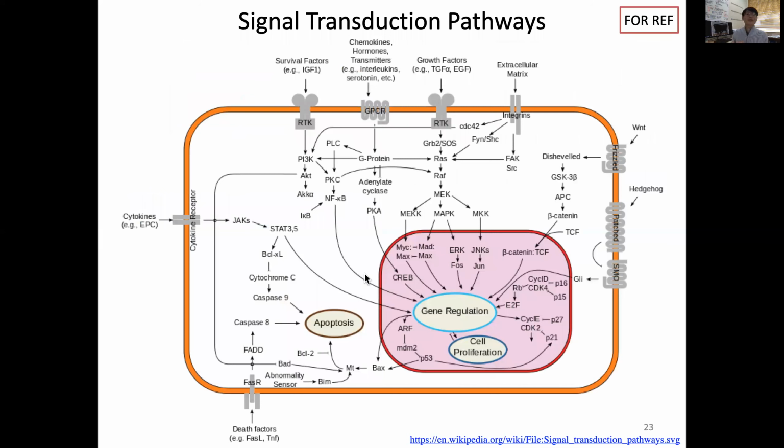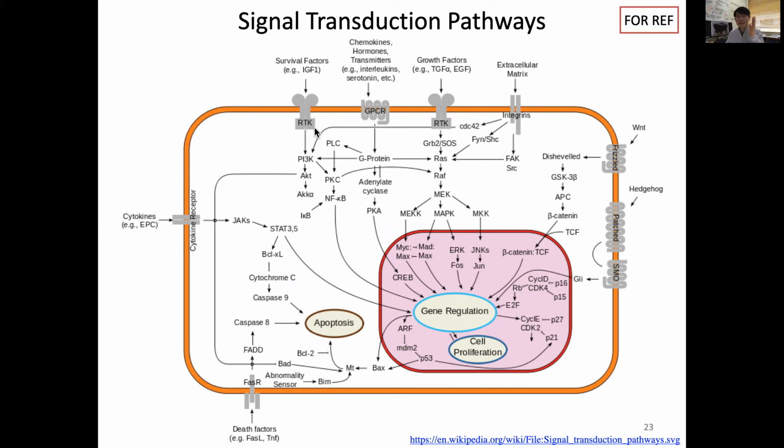So I brought a cell signaling diagram, which looks very, very complicated. However, this is not even a completely complete one. But to give you some rough ideas, this is the cell membrane, and there are receptors. This RTK is called a receptor tyrosine kinase.